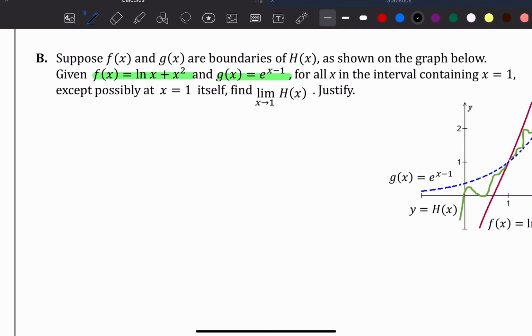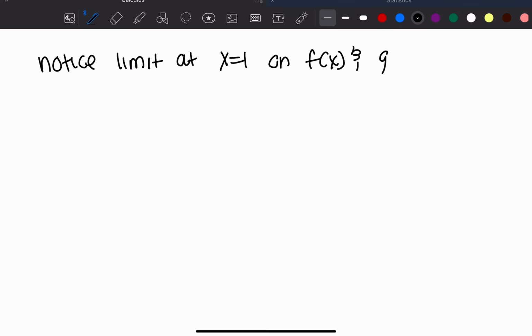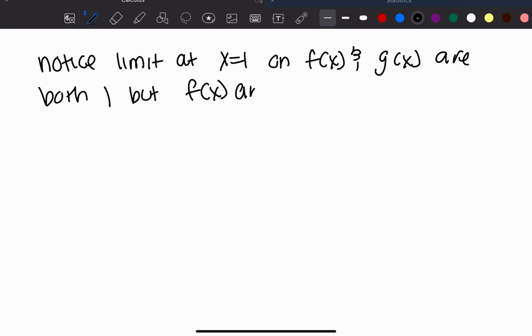Okay. So starting off, we're going to say, notice the limit at x equals 1 of f of x and g of x are both 1, but f of x and g of x change at x equals 1.